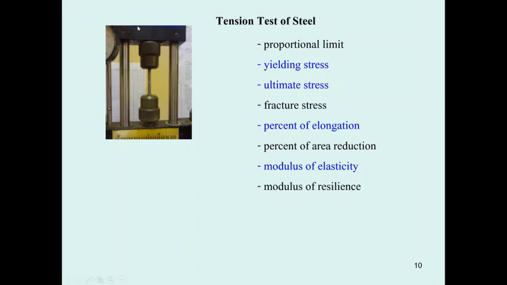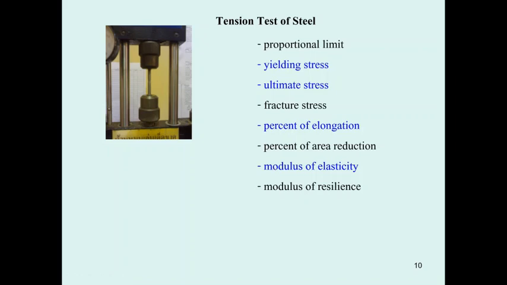For the tension test, you may get a lot of mechanical properties, but only 4 of them are important. The first is the yielding stress. The second is the ultimate stress. The third is the modulus of elasticity. This one, and this one, you can determine from the stress-strain diagram.